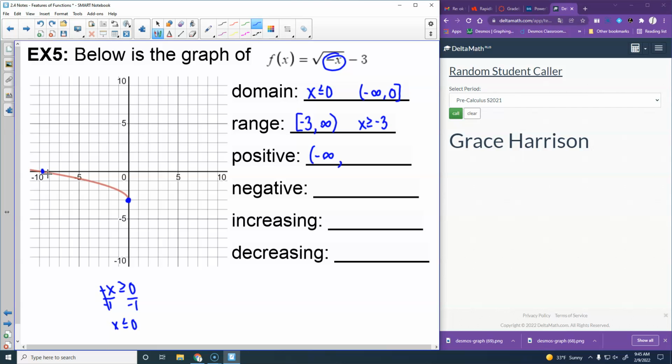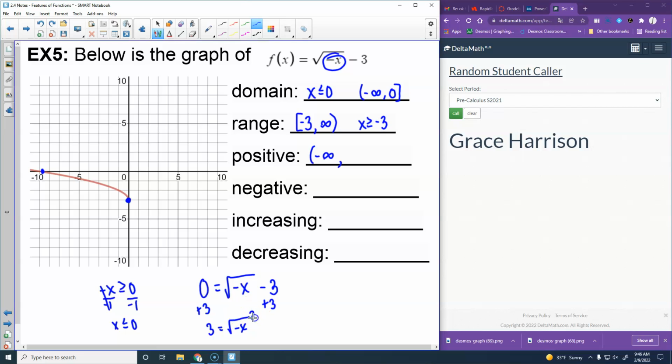The way that we can find out what that number is exactly is we can do 0 equals the negative square root of negative x minus 3. So if we plug in 0 for that y, we can find that exact value. So we'll add the 3 to both sides. We'll get 3 equals the square root of negative x.